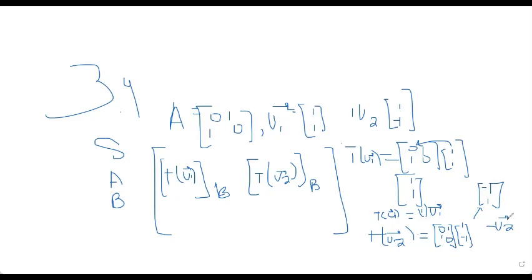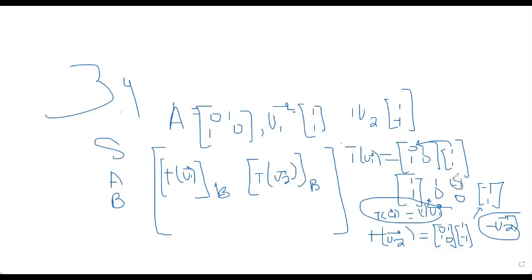So I believe what you would do from here, right? We're looking at what the coordinates are of this. And so in this case, for V1, it would be 1, 0. And for V2, it would be negative 1, 0, right?